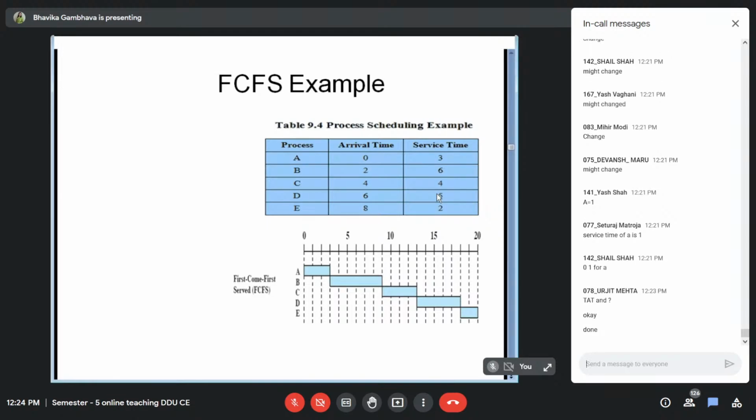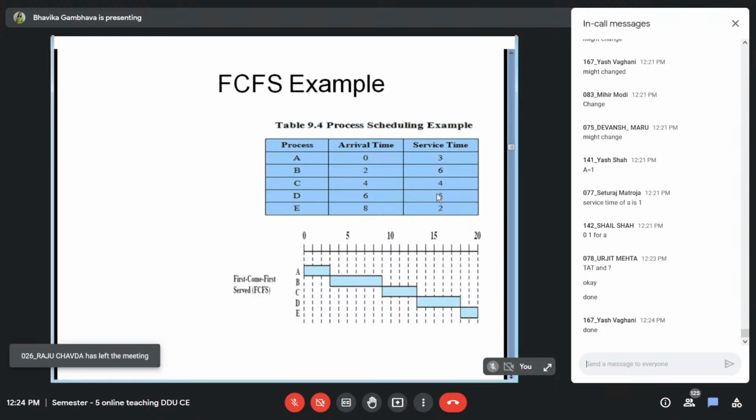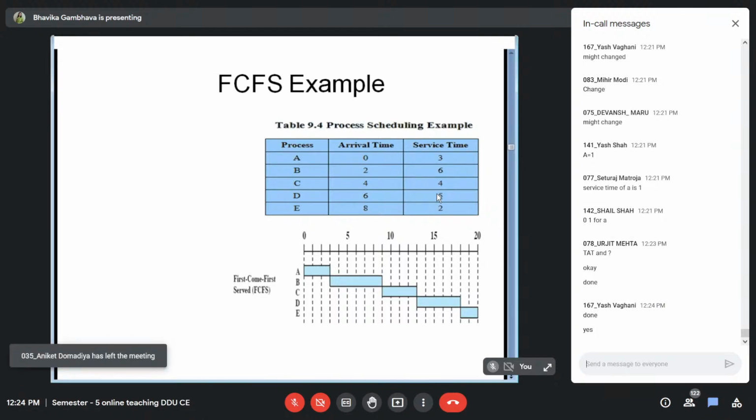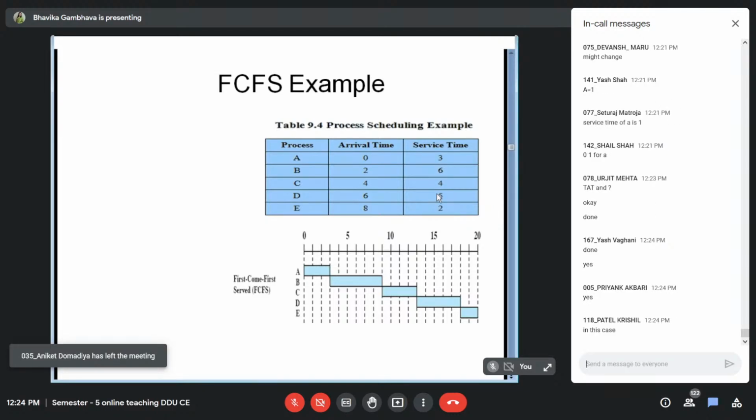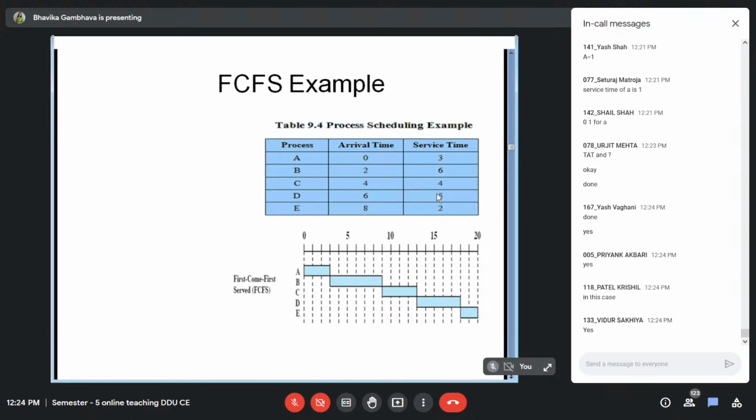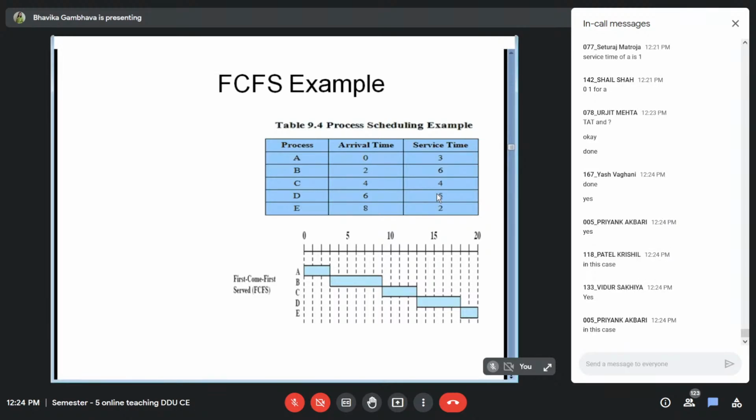Okay, others, is it done? Okay. So now I said waiting time first and then I changed it to response time. Do you think waiting time and response time are the same? Are waiting time and response time always the same? Yes, in this case they are the same.